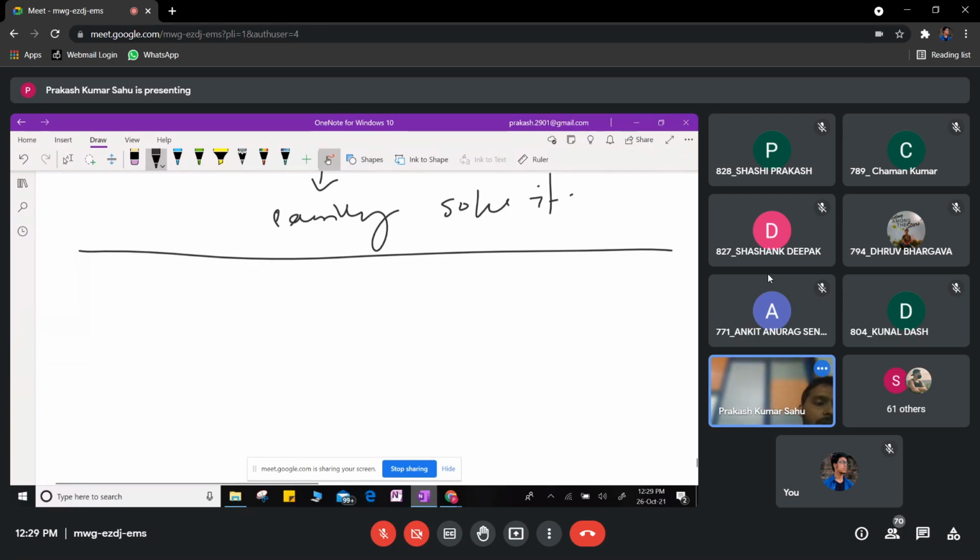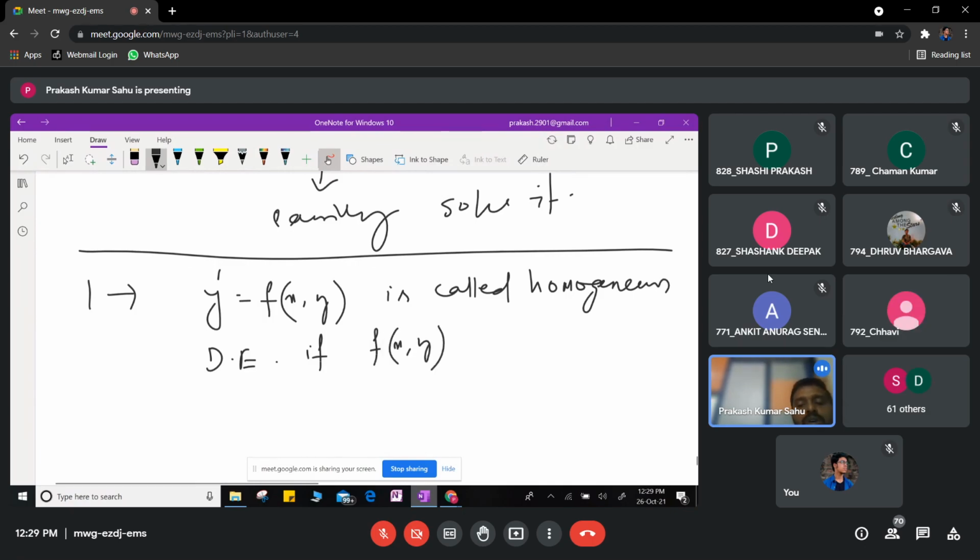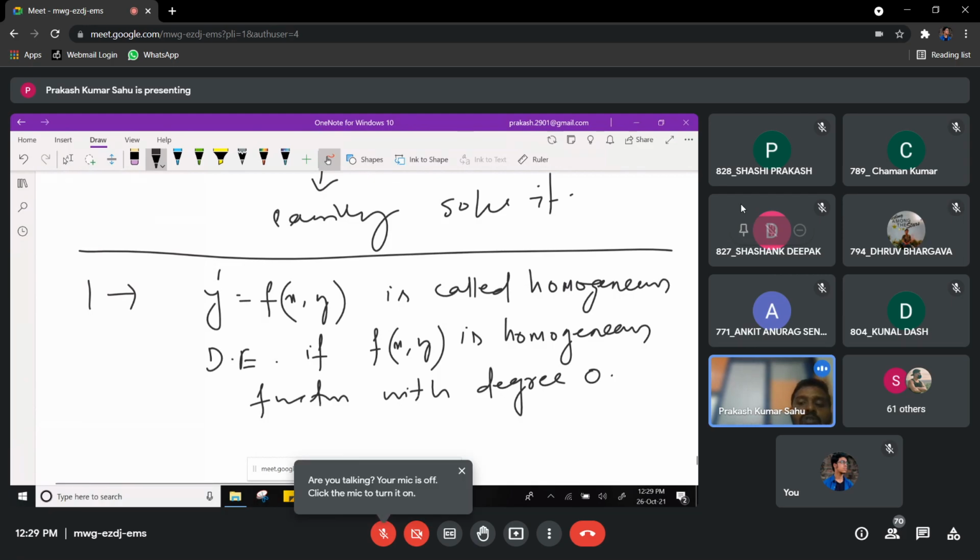Sometimes, suppose you see y dash is equal to f of x, y. This is called a homogeneous differential equation if this f of x, y is a homogeneous function with degree 0.